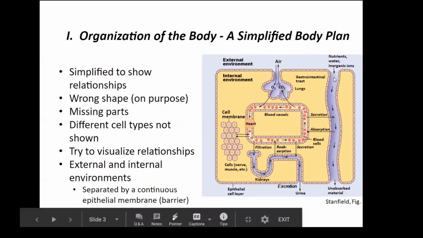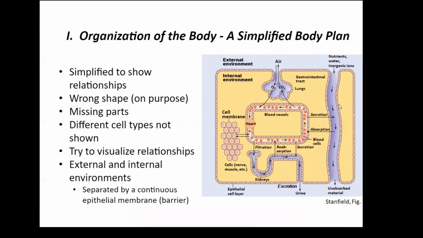So the lumen is the space inside the gut tube. So we can see that things move into the rest of the cells of the body through absorption. So AB, absorption. And the body also secretes things. So secretion moves things from inside the body, and especially inside the bloodstream, back into that gut tube to get excreted as waste.